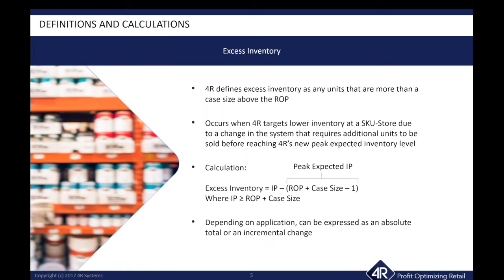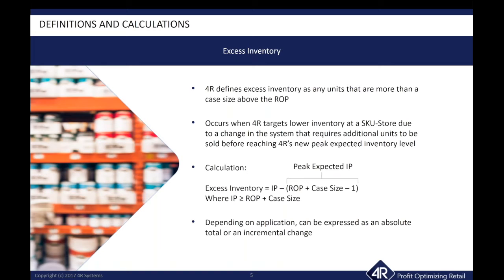The other side of the inventory impact coin is excess inventory. 4R defines excess inventory as inventory units that are more than a case size above the reorder point. 4R's expectation is that when the inventory falls below a reorder point, only a case size will be ordered.